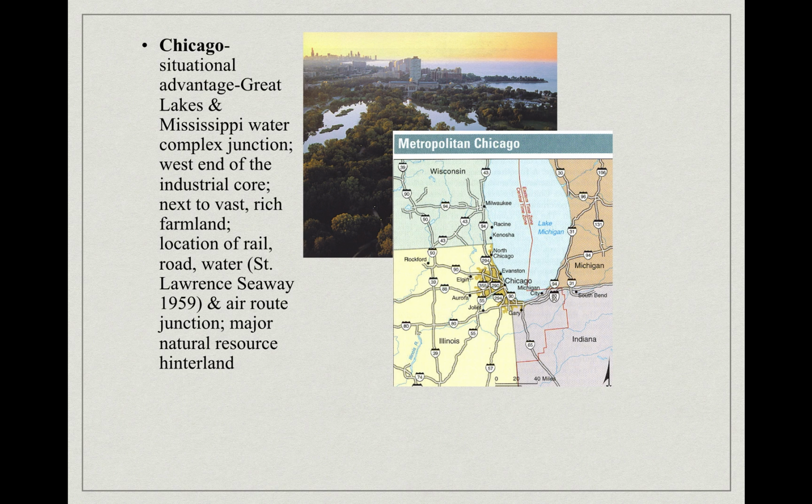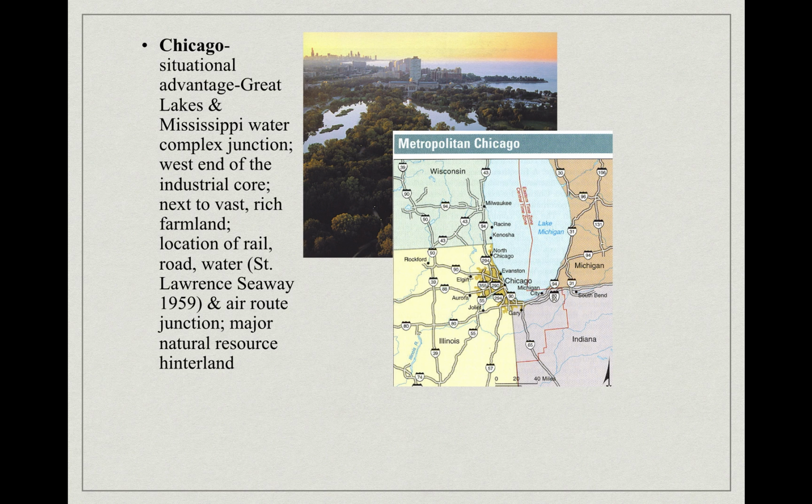Chicago had the situational advantage of the Great Lakes and the Mississippi water. It was a real junction, meaning a point of contact, an intersection between the industrial core area, what we now think of as the Rust Belt, the traditional manufacturing region of the United States, right next to all this farmland. So Chicago really functions situationally. It developed as a result of its access to both agricultural and industrial resources.